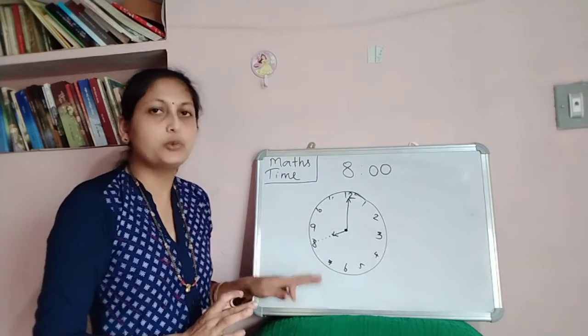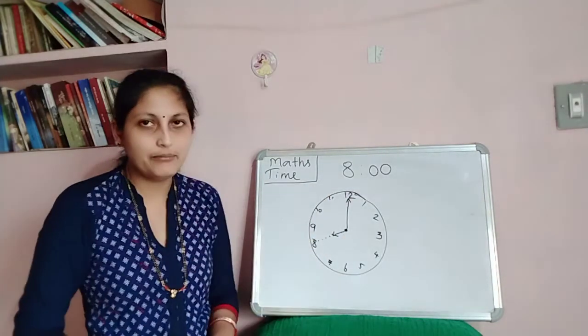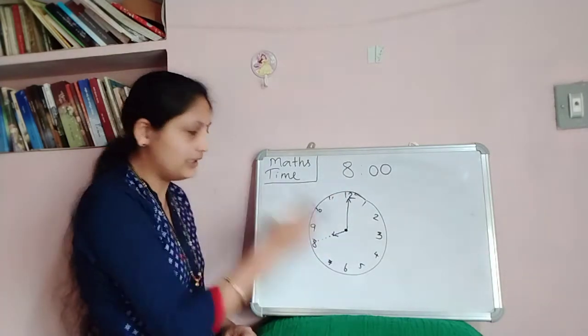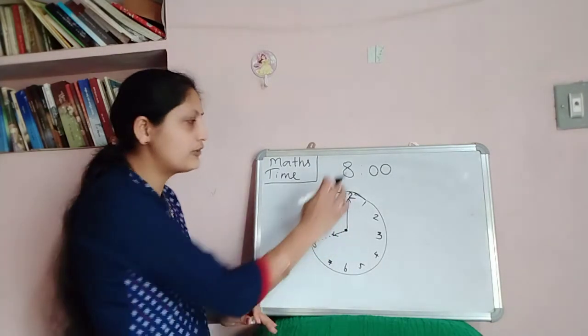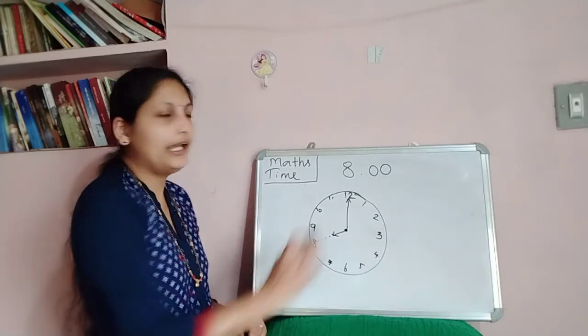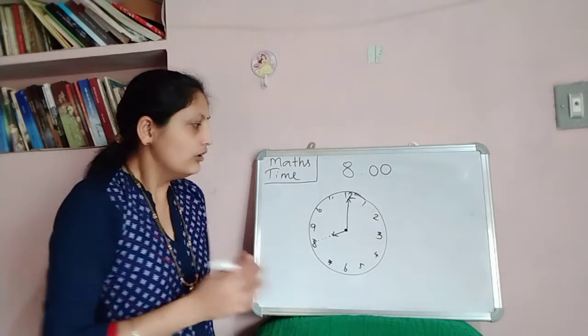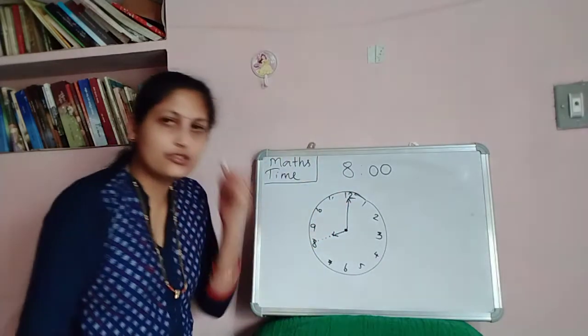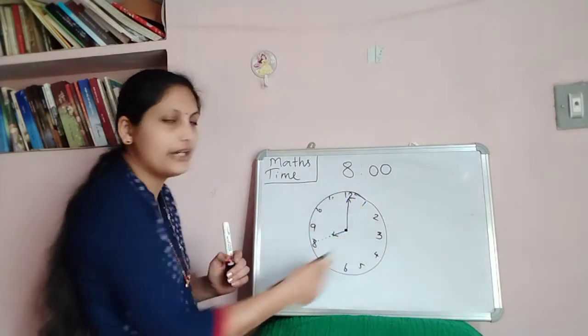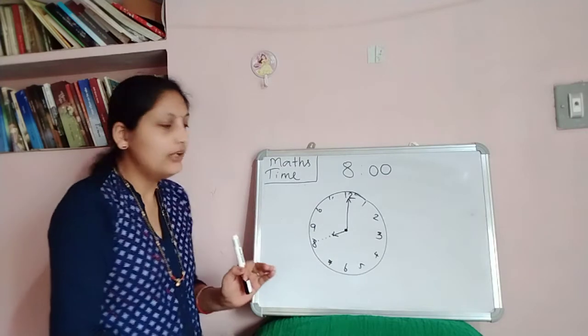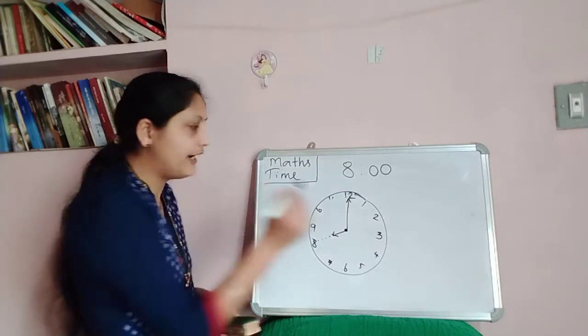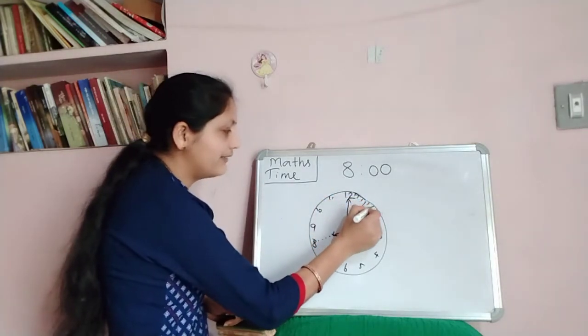So in this way you have to draw hands for the given time, and when the time is given in the clock, you have to write it in this way: 8 o'clock or 8:00. So in a clock there are 12 divisions. So each division represents 1 hour, and again in that you will find smaller divisions, like these lines are present.